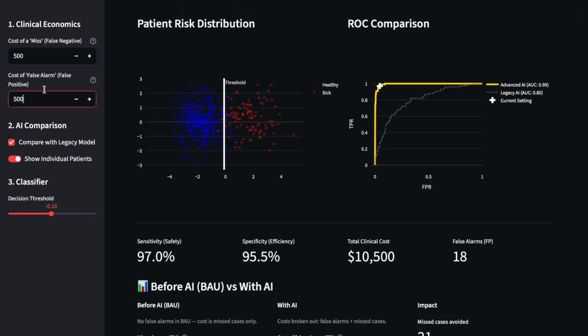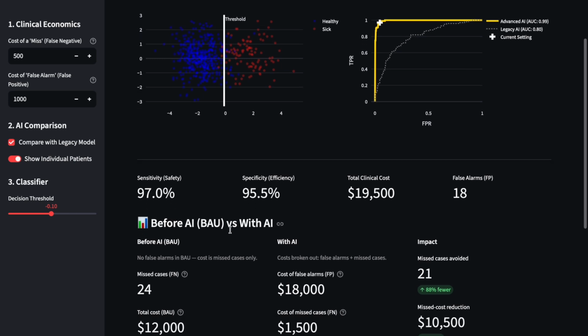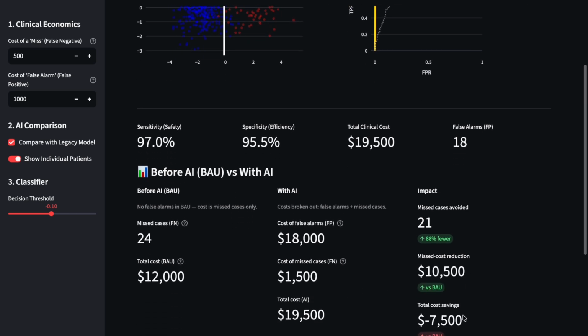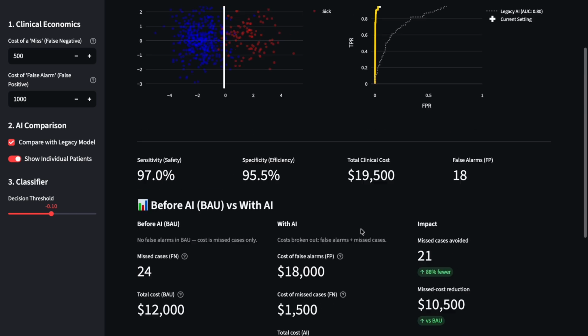Assume we have a higher price for false positive, and that's a way we can always do it. Now, this is the case where, because we have a lot of false positive alarms, we saved $21,000, but we saved some money: 21 multiplied by 500, so 10,500, but we lost 18 because of false alarms.